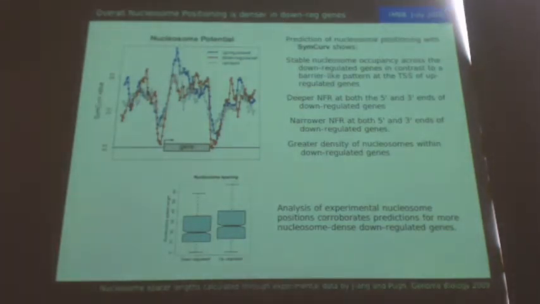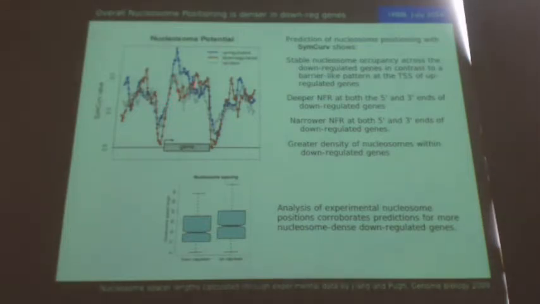So overall, coming back to the nucleosomes, what we see for the nucleosome binding between the two genes, I'm gonna go a bit faster now, is that overall there are deeper nucleosome-free regions, both upstream and downstream of the genes. This is also something that we know of from overall nucleosome maps.